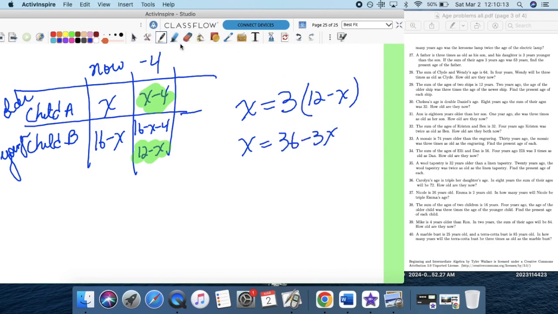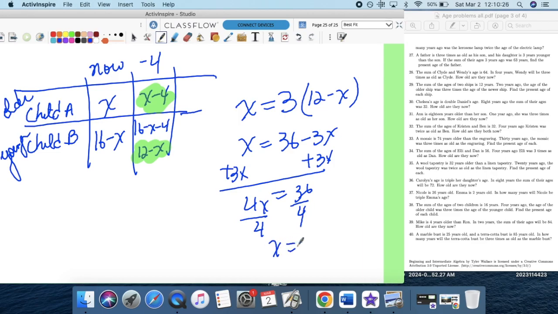We have variables on both sides. Let's do plus 3X here, plus 3X here. And now we get 4X equals 36. We're going to divide both sides by 4. And X equals 9. So the older child is 9 years old, which means the younger child is 7.